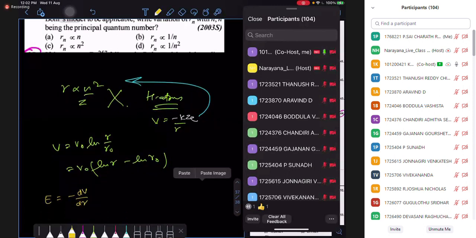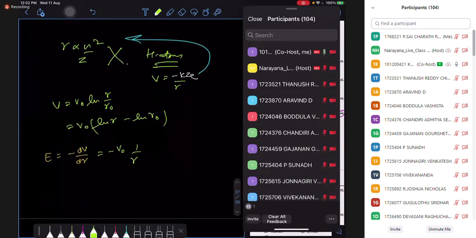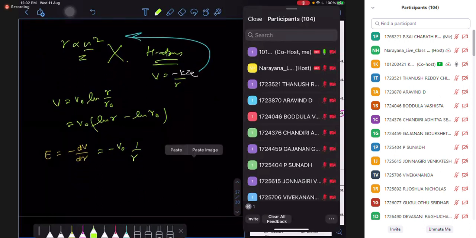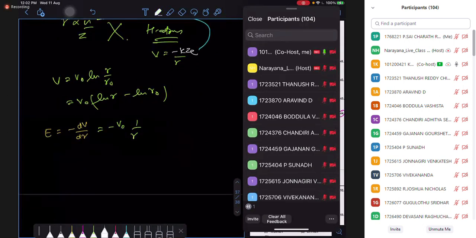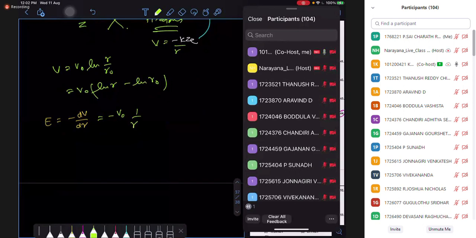So field is minus dV by dr. dV by dr, so it will be minus of V naught times 1 by R. So my electric field is coming out to be negative, right? Electric field is coming out to be negative. That is something strange. Why is it strange? Understand here why it is strange.